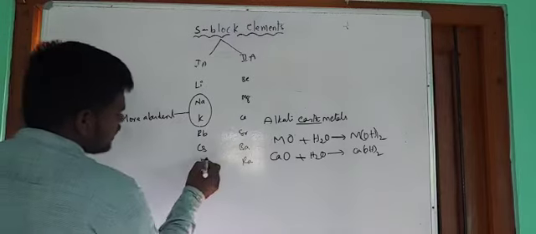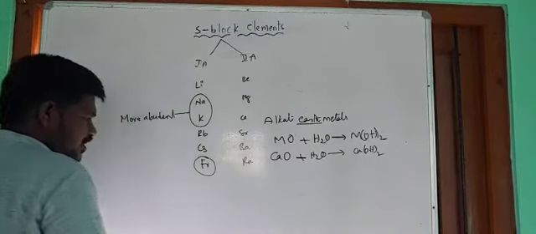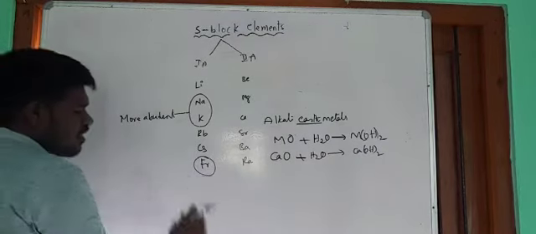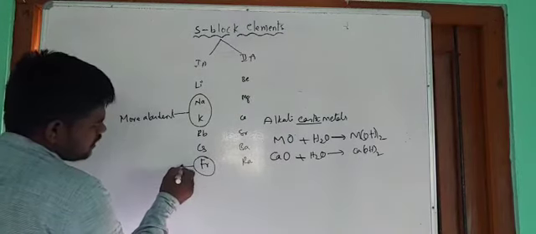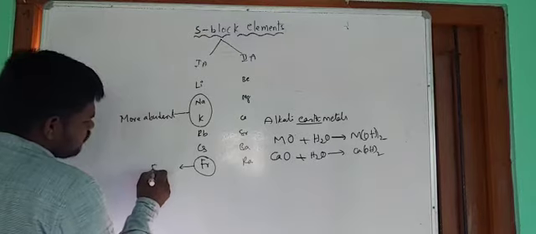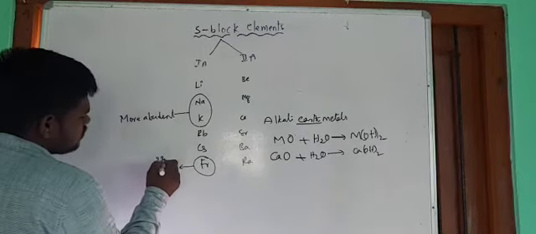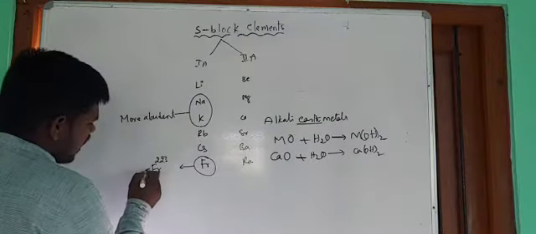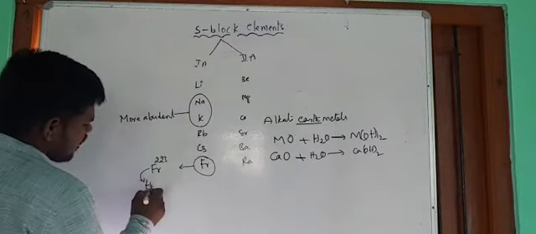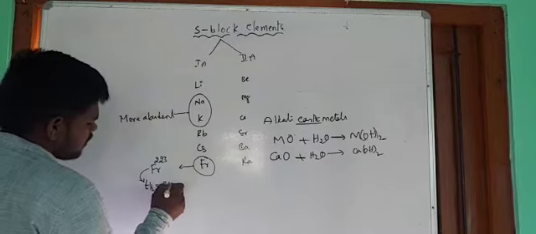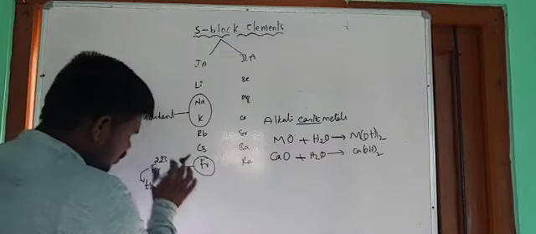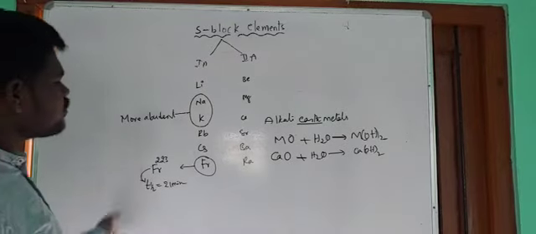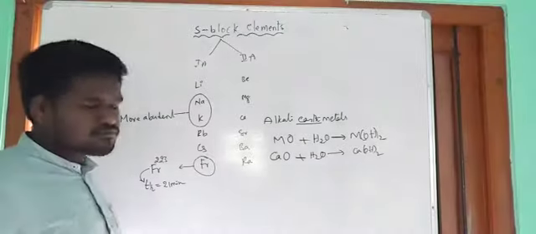Now, if you take francium, francium is a radioactive element, and this one has a number of isotopes. Among them, one stable isotope is francium 223. Its half-life is only 21 minutes. But this is only a little bit stable when you compare it with the other isotopes of francium.